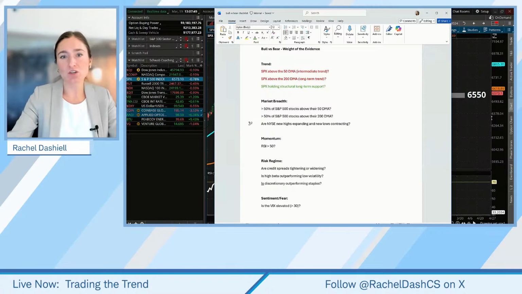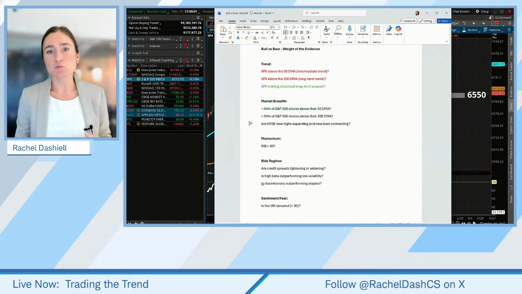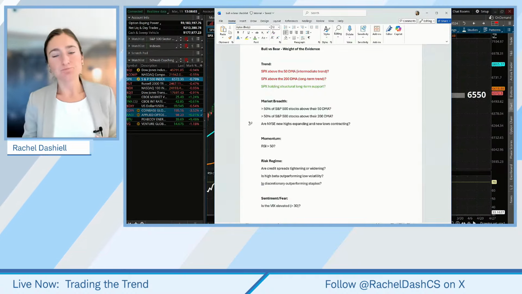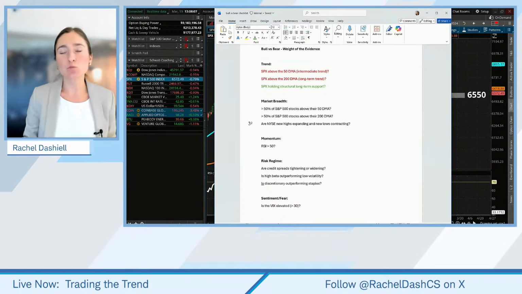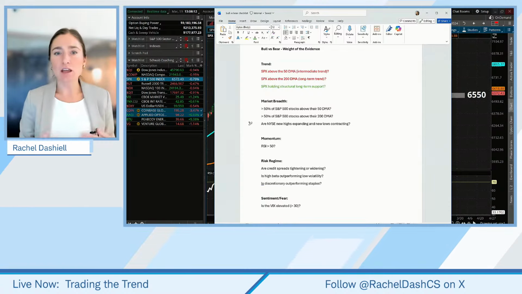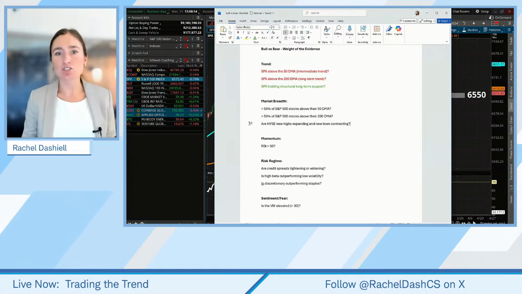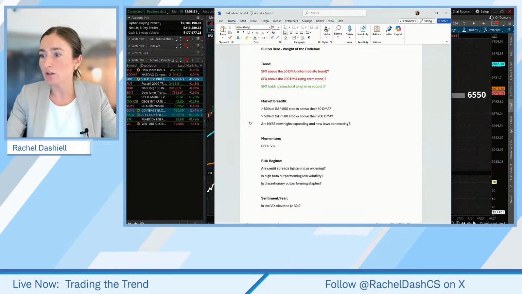So what we're going to take a look at next is going to be market breadth, and that's going to tell us a little bit more about what this market of stocks is doing, where we're sitting as far as stocks being above the 200-day moving average, percentage of stocks above the 50-day moving average, and then we're going to dial down into just looking at the list of New York Stock Exchange new yearly highs, new yearly lows, because that will kind of tell us the market environment that we're in as well.